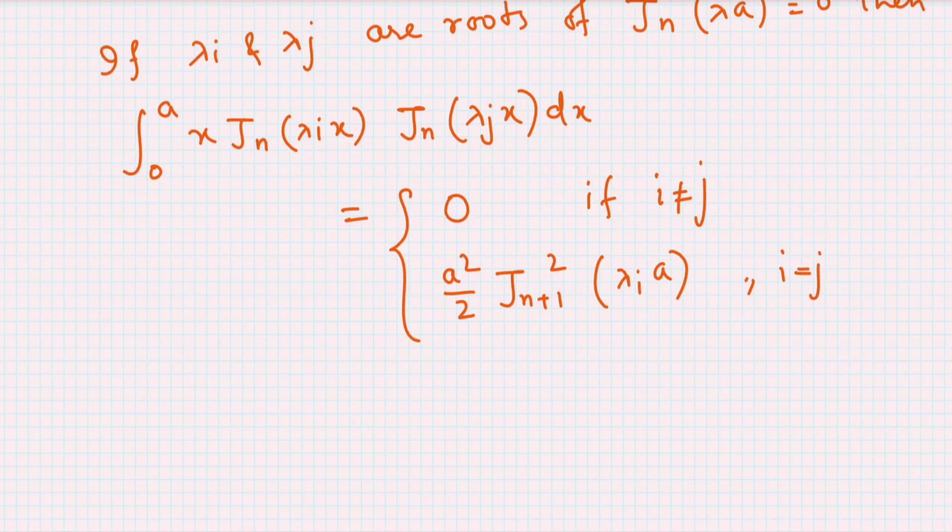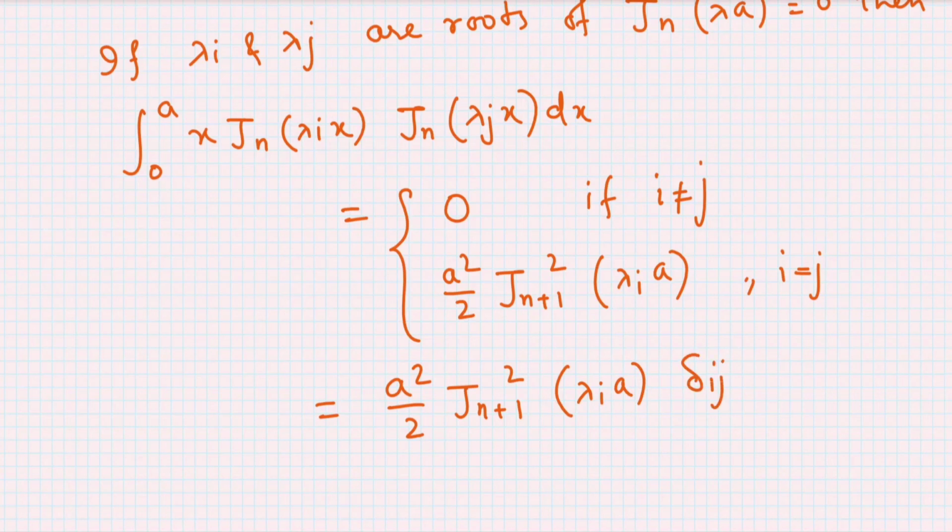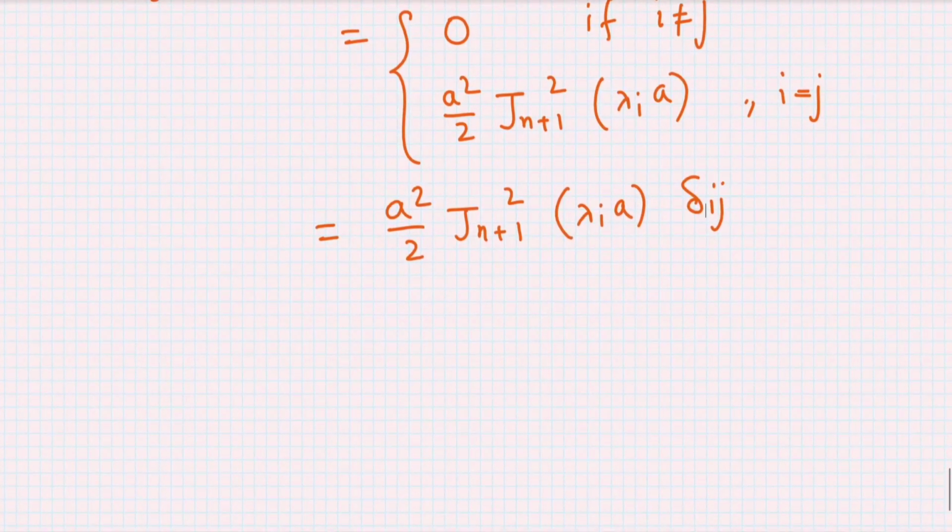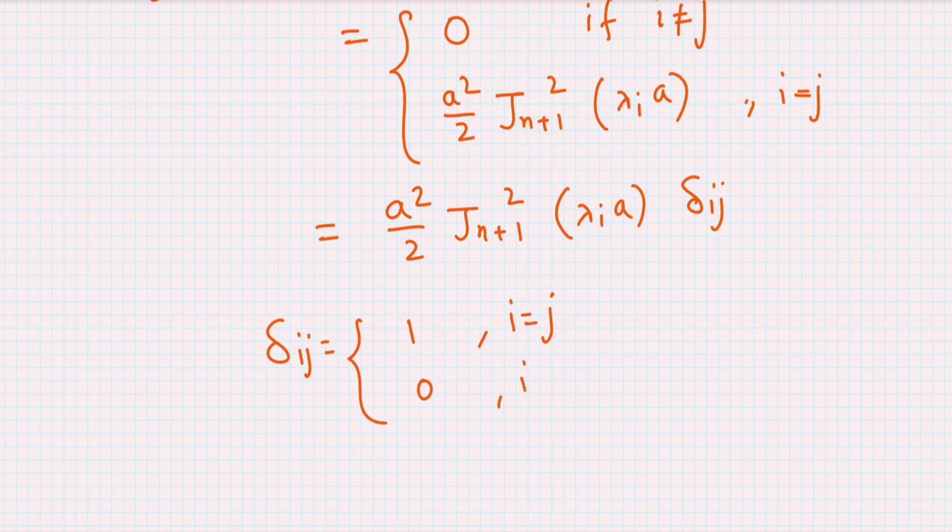So we can write it as a square by 2 J n plus 1 square lambda i a into delta ij, where delta ij is the Dirac delta function, which is defined as delta ij equal to 1 if i equal to j and 0 if i not equal to j.